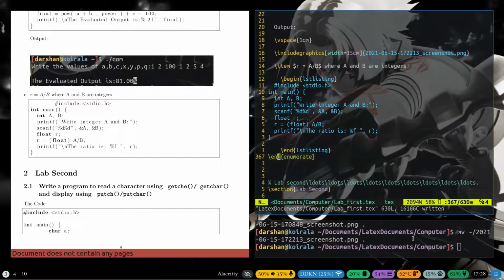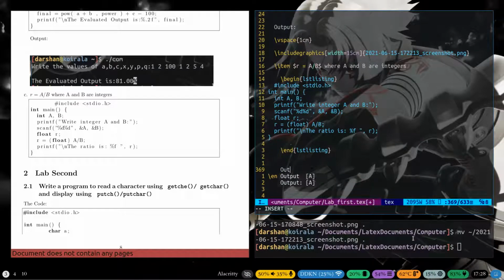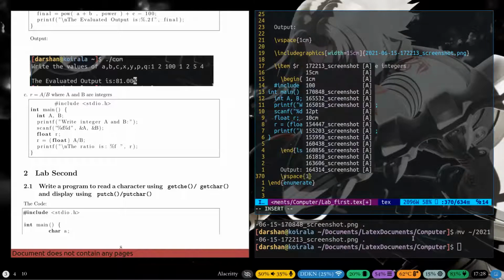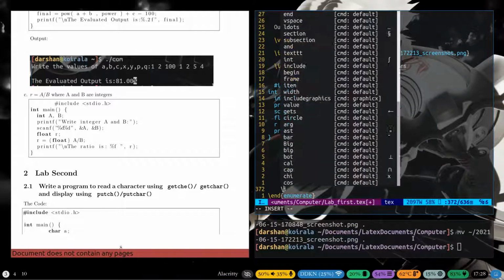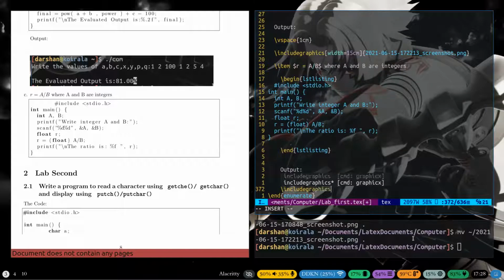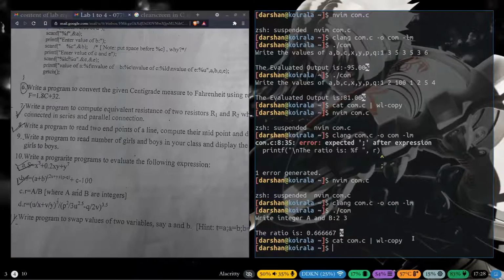Okay, so output space is 1 centimeters, include graphics is width 15 centimeters. What the heck? Okay, have I taken the screenshot?